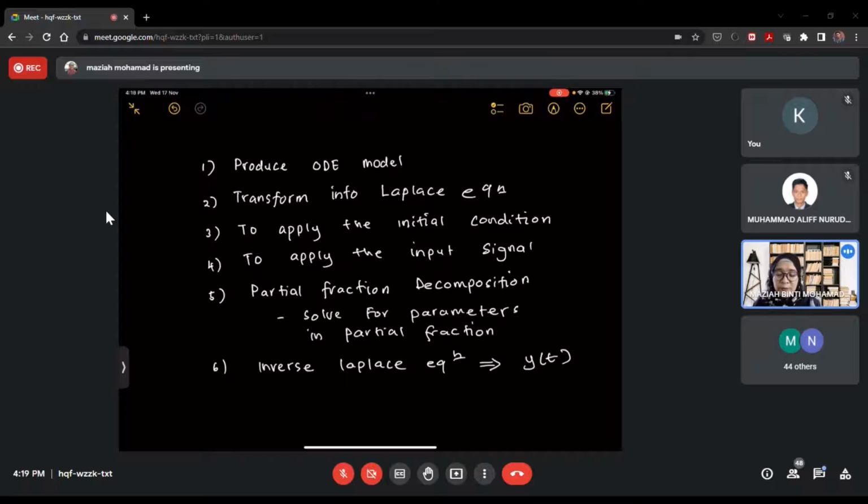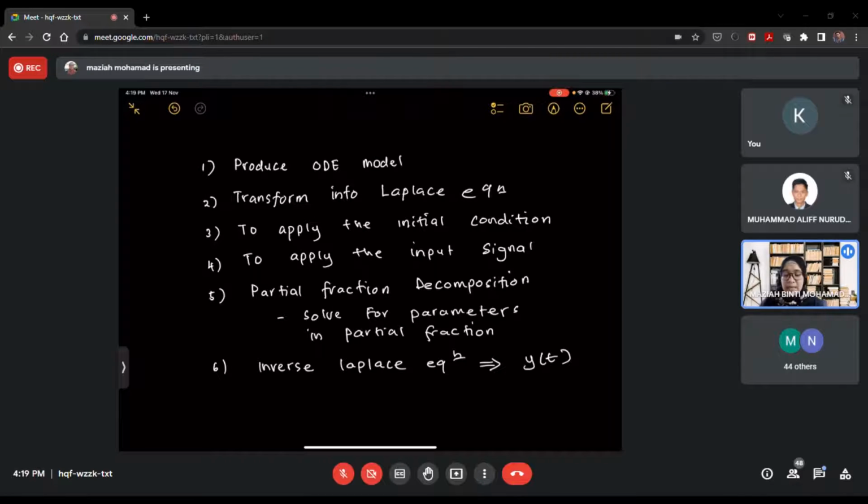You are already familiar with this step, because you already learned it in ODE. There is a subject named ODE, where you learned how to transform a function into Laplace form and apply the initial condition.